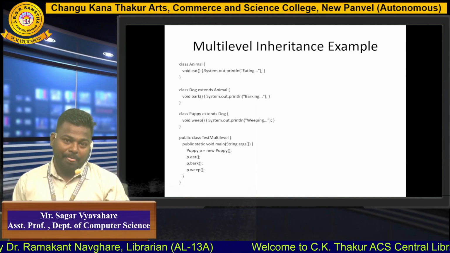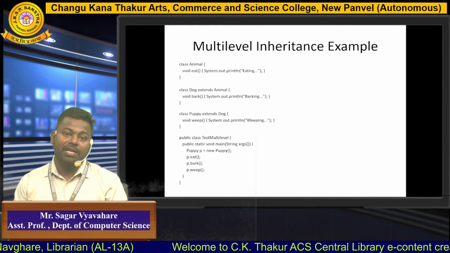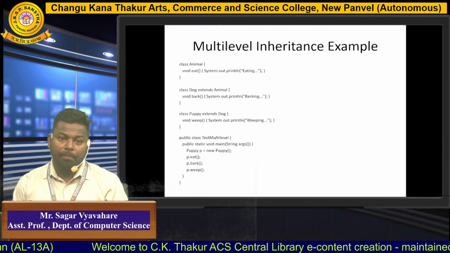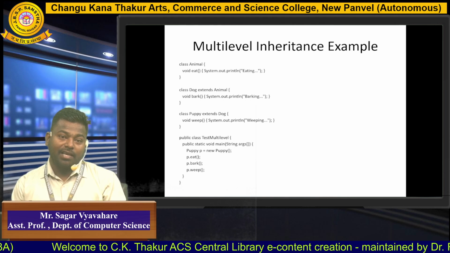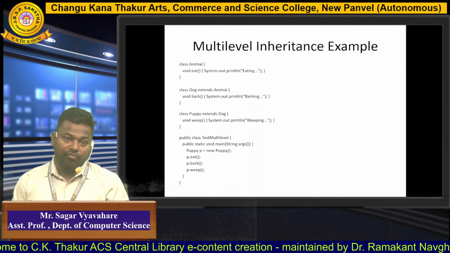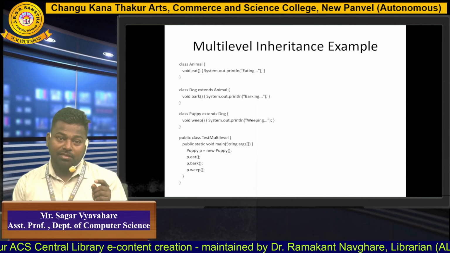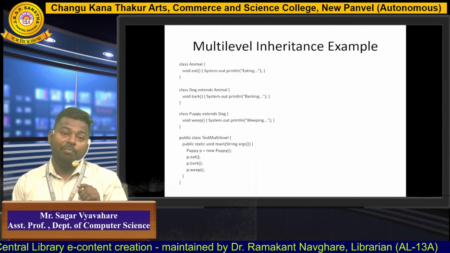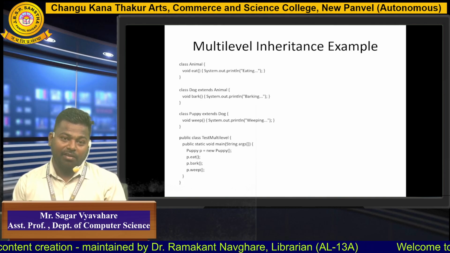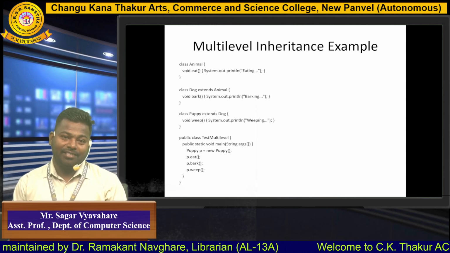In TestMultilevel, we have created an object of only the Puppy class. Puppy can access its own method, weep, the method of the Dog class, which is bark, and also the method from the Animal class, which is eat. That is the example of multi-level inheritance.